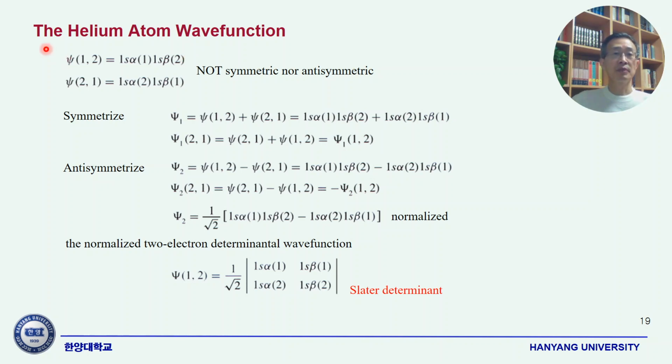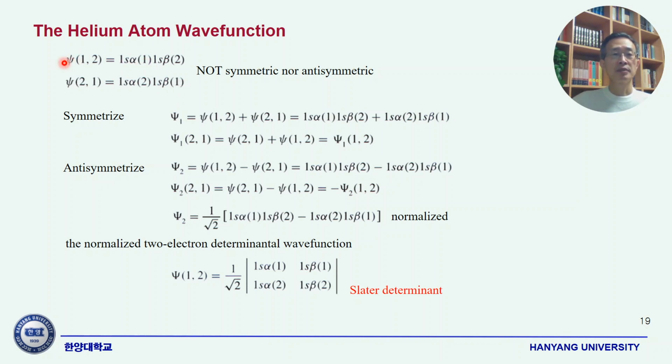So this is one of them. psi12 is 1s alpha 1, 1s beta 2. 1s alpha is a spin orbital, and 1s beta is also a spin orbital. What if you exchange the electrons, electron 1 and electron 2? So 1, 2 is now 2, 1. Now 1s alpha 2, 1s beta 1.